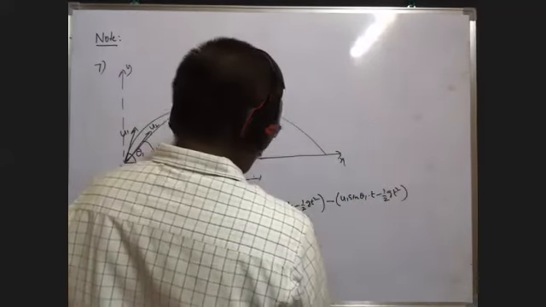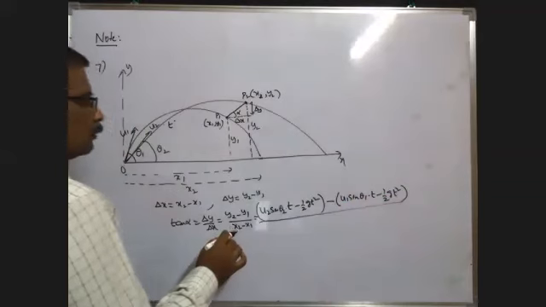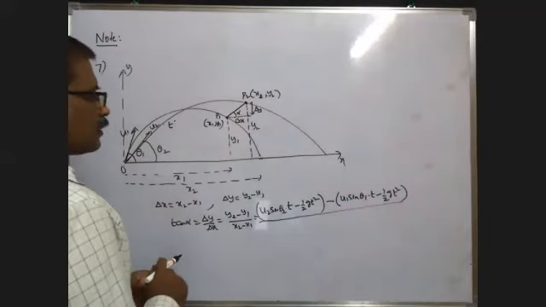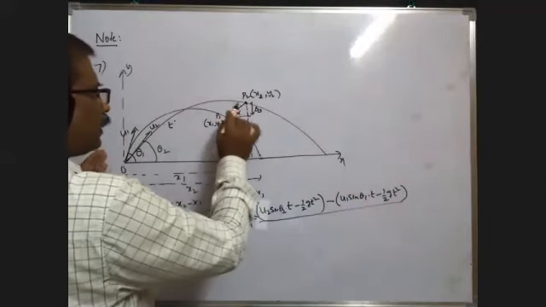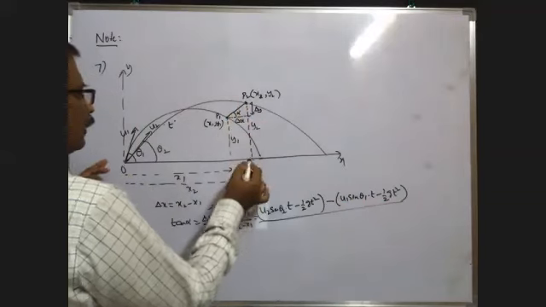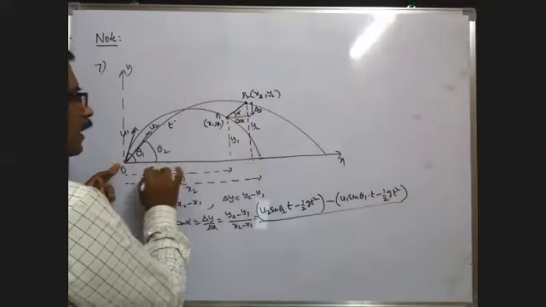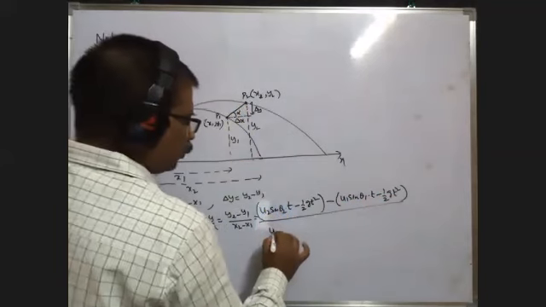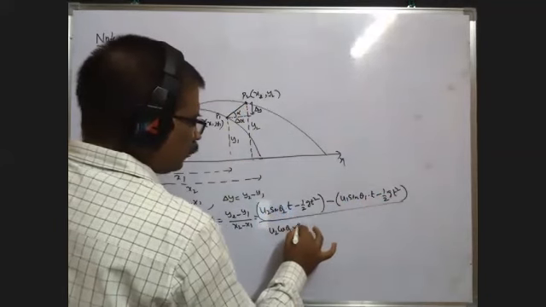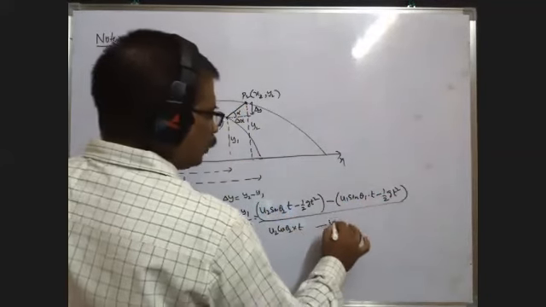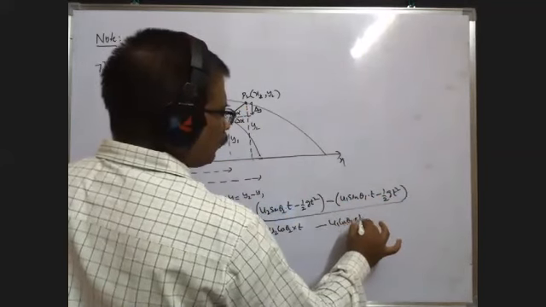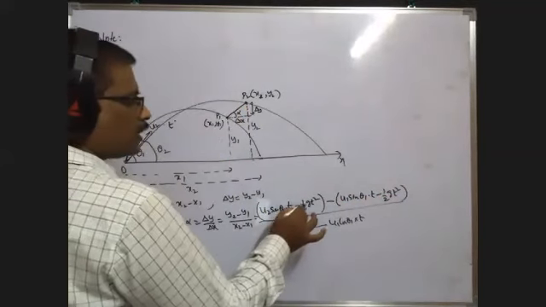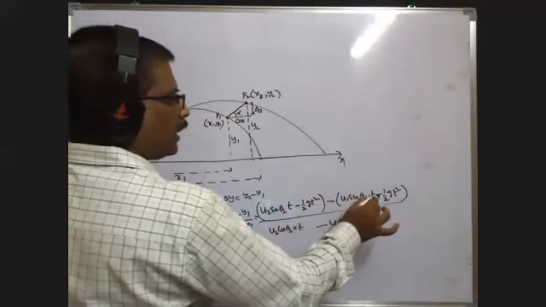Whole by x2. X2 is the horizontal distance traveled by the second projectile in t seconds, equal to horizontal component of velocity into time taken, that means u2 cos theta 2 into t, minus x1 means u1 cos theta 1 into t. Here you see minus half gt square and plus half gt square are there.